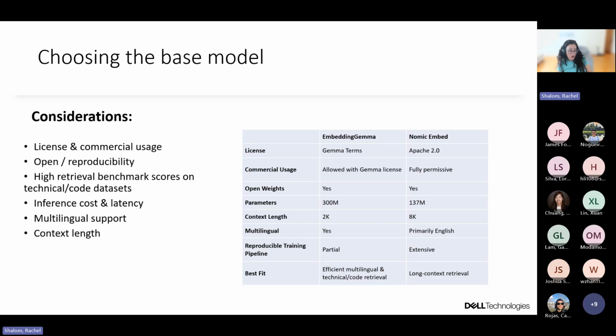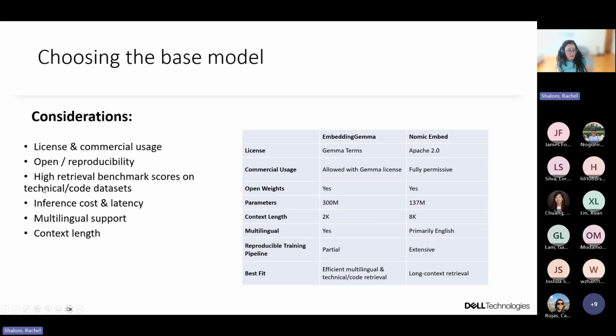And when I say open, I'm not only referring to open weights of the model, because if you're using open source, all of them have open weights, but also to the training data itself. Did they release the data that they were training on?